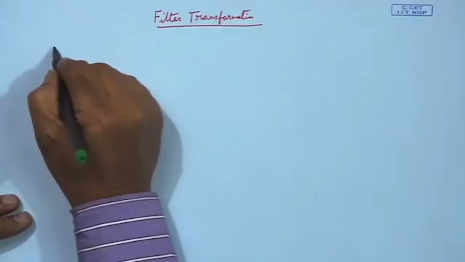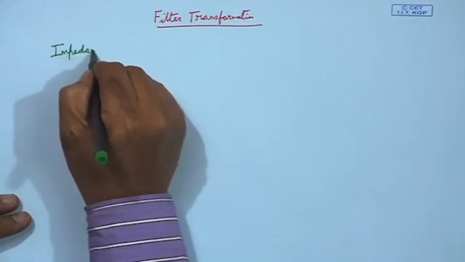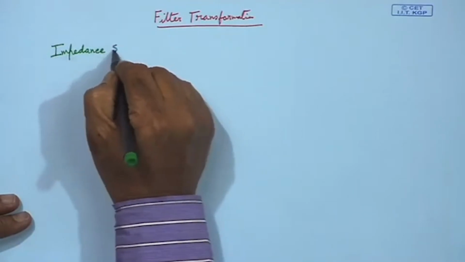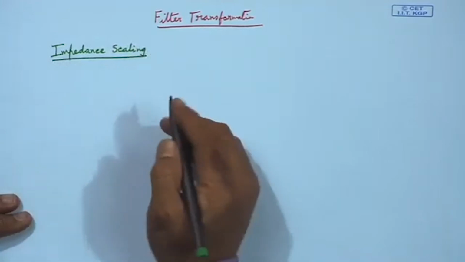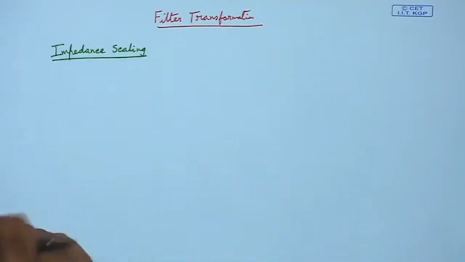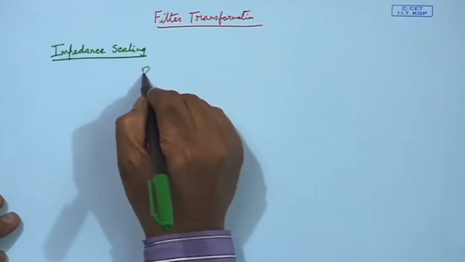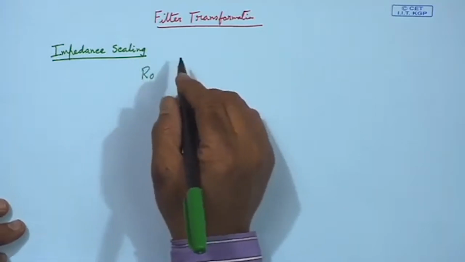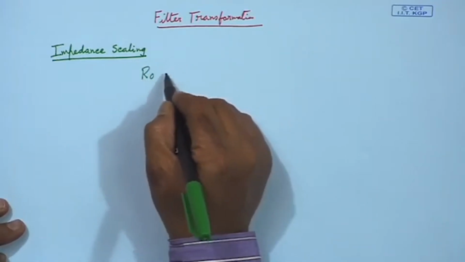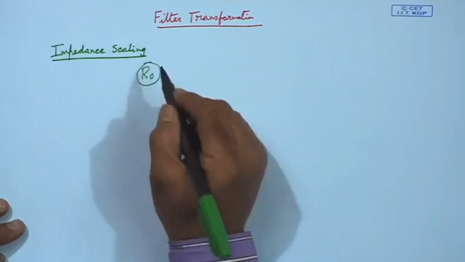The first one we call impedance scaling, when we want to change the source and load resistances to the actual specified values. Suppose the source resistance is R0; then it can be done by multiplying the impedance of the prototype by this value R0.